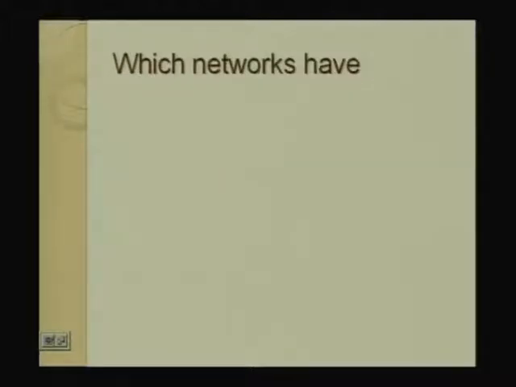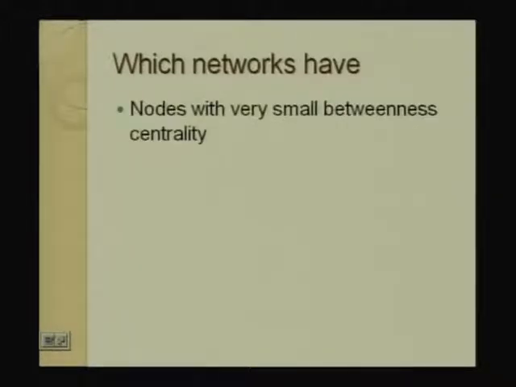So, again let us come to a few questions this time about betweenness centrality. Can you give me examples of networks where all the nodes have very small betweenness centrality?